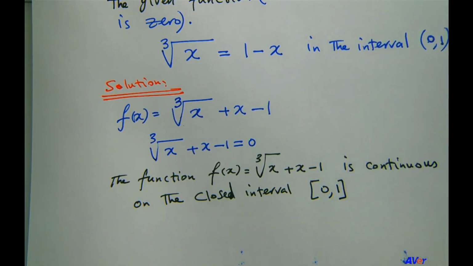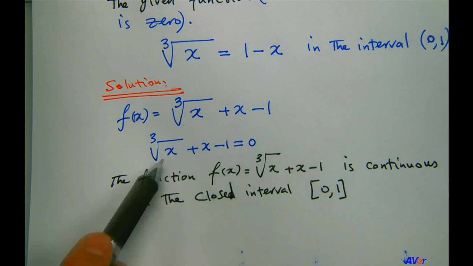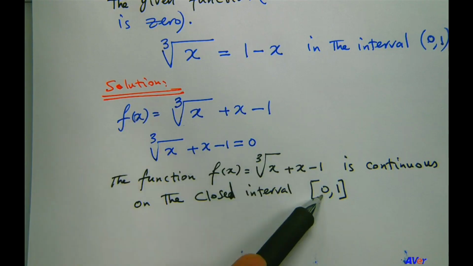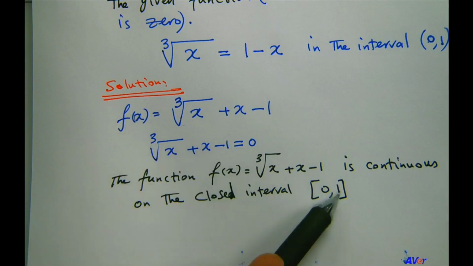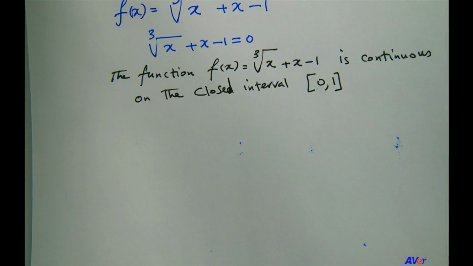Okay, so now let's calculate this function value at each of these endpoints. So f of x at 0 and f of x at 1. We want to calculate this function at these two endpoints. Let's do that. And we must get two values that are different in algebraic sign. Remember when we were talking about, if you don't remember it, just rewind the video to the discussion about the big picture of the intermediate value theorem.